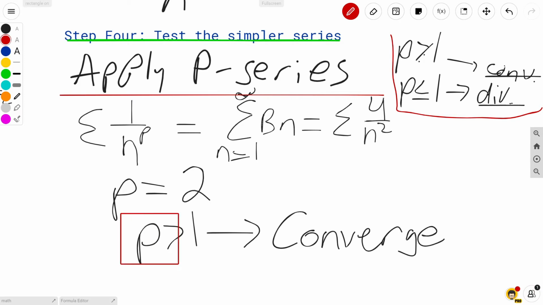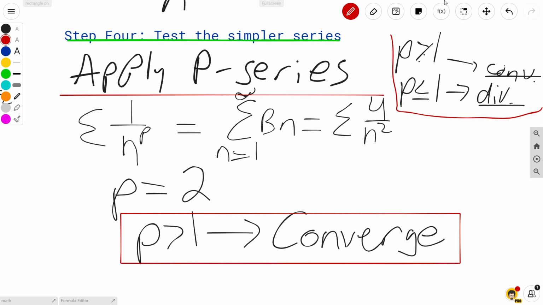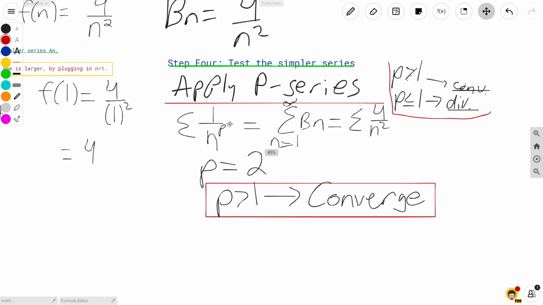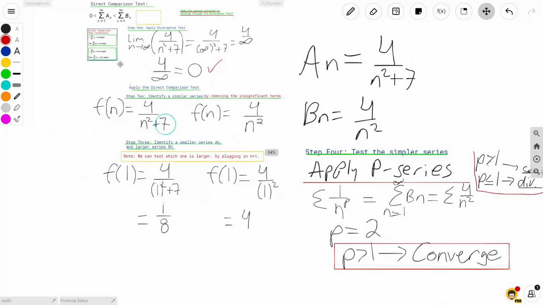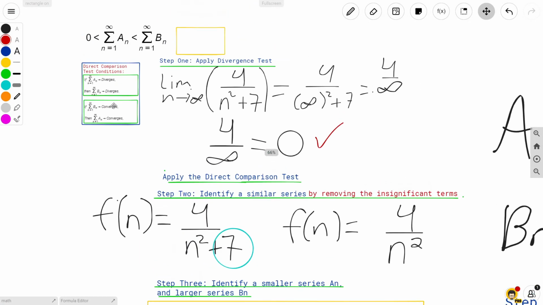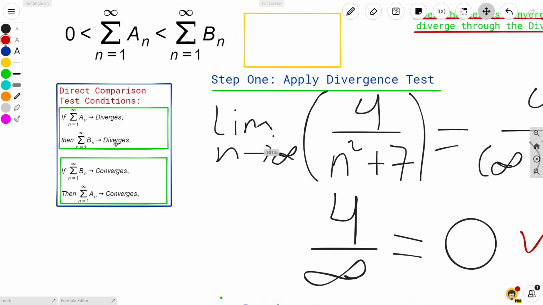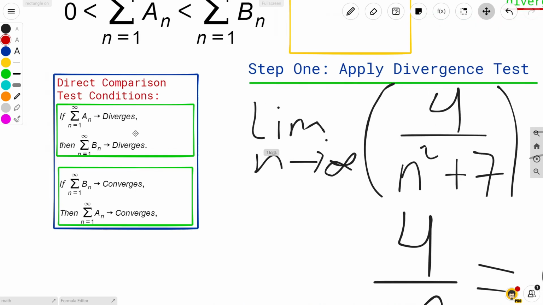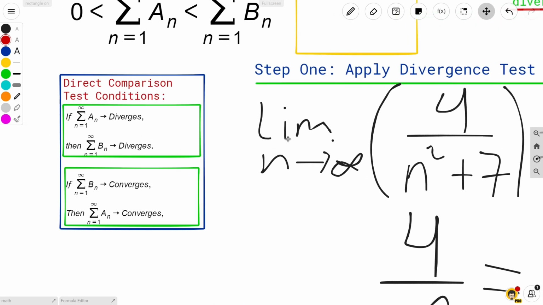So this is only part of our answer. Now the whole answer. What does b sub n say about a sub n? Right here, we have these direct comparison test conditions. Since b sub n converges, what does that say about a sub n?